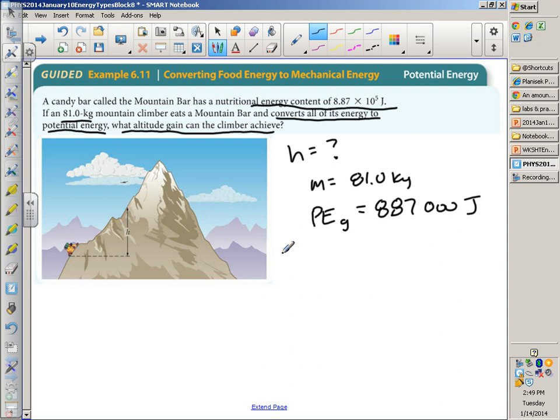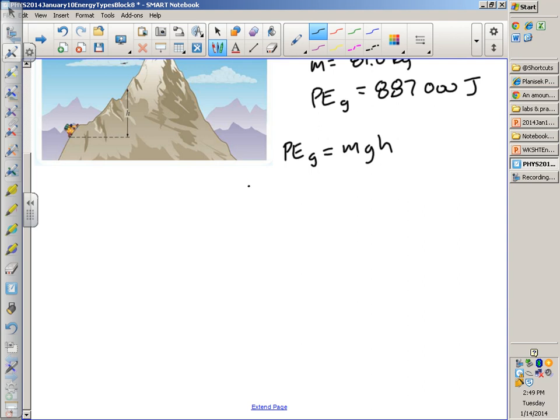And then, we just learned that the gravitational potential energy of an object depends on three things: mgh. So we start plugging things in. 887,000 joules equals the mass, which we know was 81 kilograms.